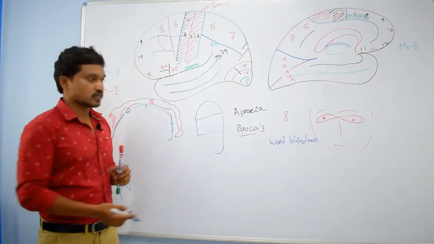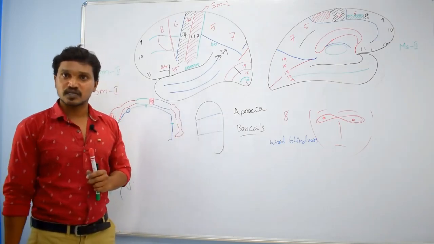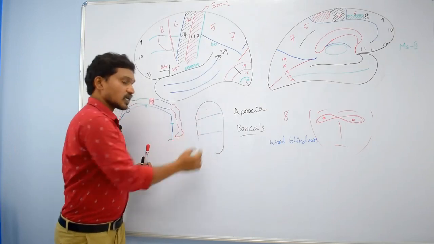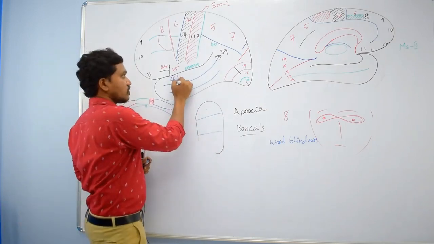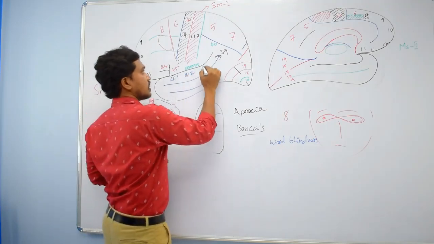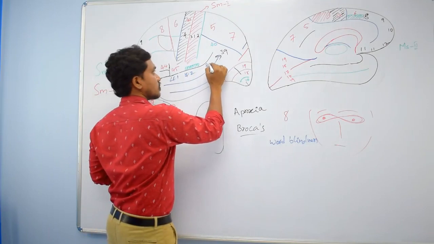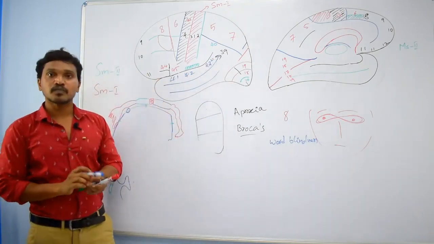In the anterior transverse gyrus there will be area number 41, behind that area number 42, and here area number 22. This area we can also call Wernicke's area.